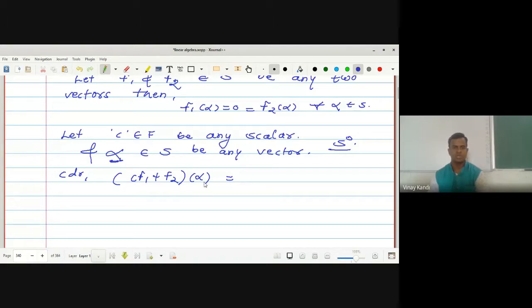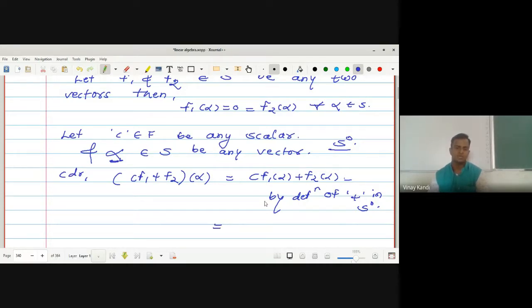Okay, so which is equal to, how we are going to apply this alpha on F1 and F2. So this is C F1 of alpha plus F2 of alpha. What is the reason? By the definition of addition in annihilator of S. Okay, and या space मध्ये आपण addition असा define केलेला आहे.